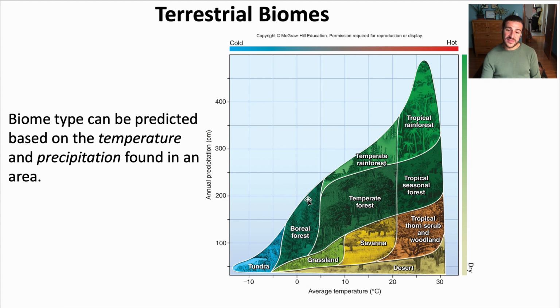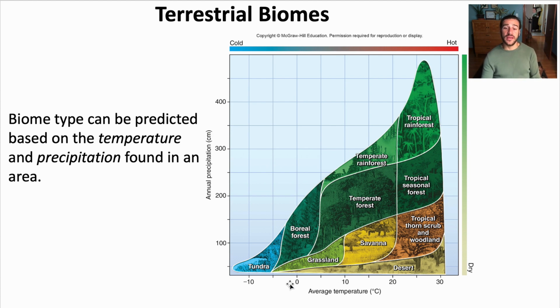Boreal forests have quite variable annual precipitation, right? From very low precipitation to almost the lower end of tropical rainforest. So it does vary quite a lot when it comes to annual precipitation. Temperature, however, does not vary that much.